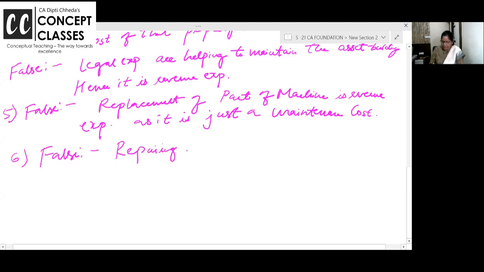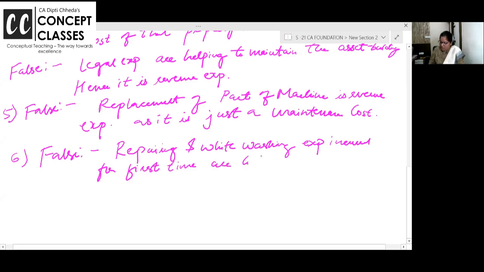Repairing and whitewashing expense incurred for first time are to be capitalized.